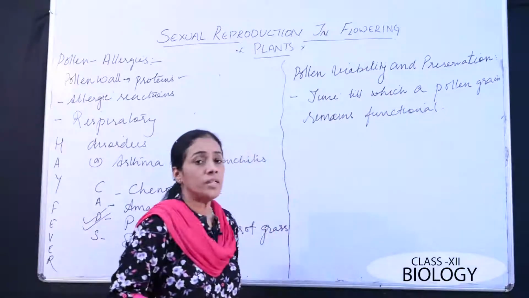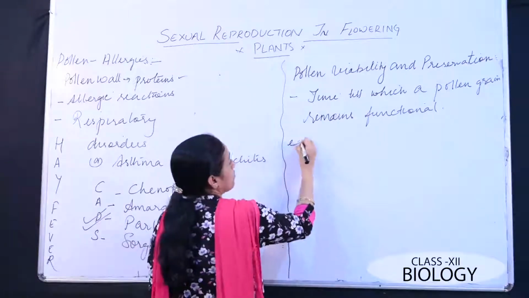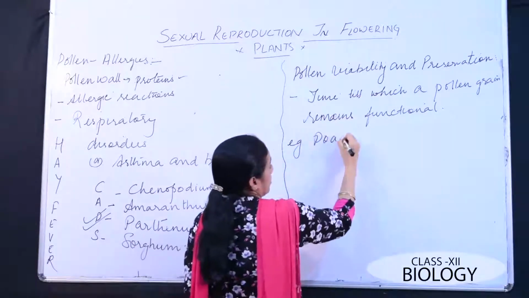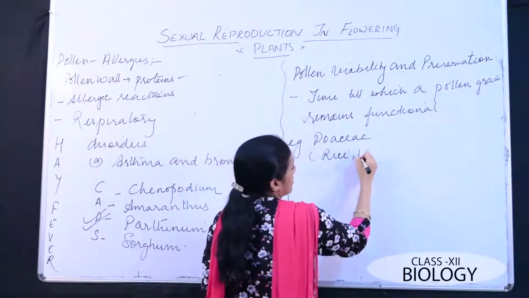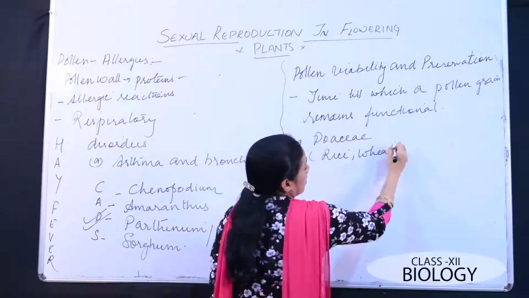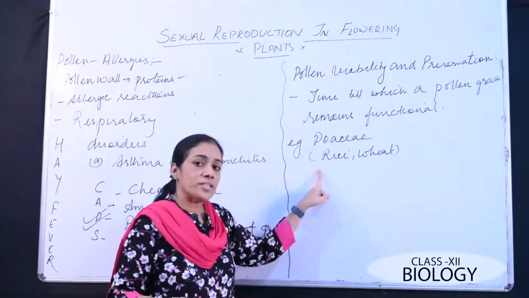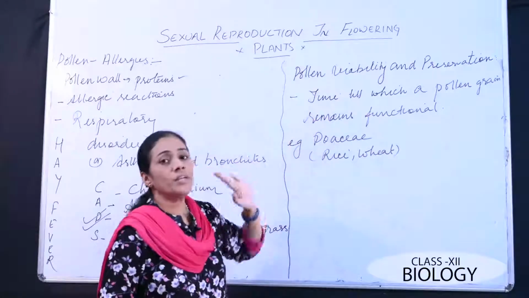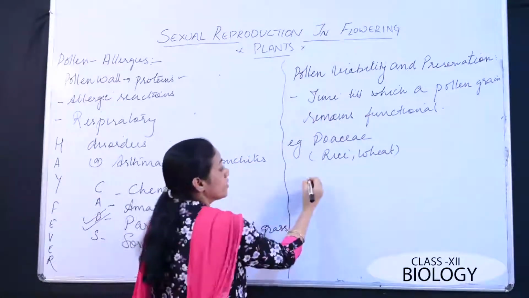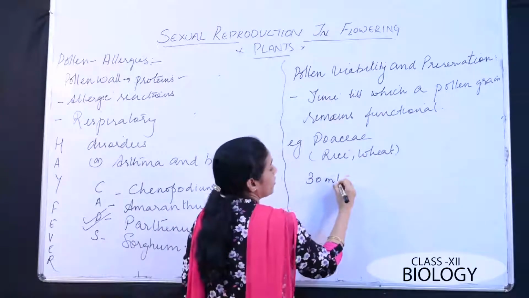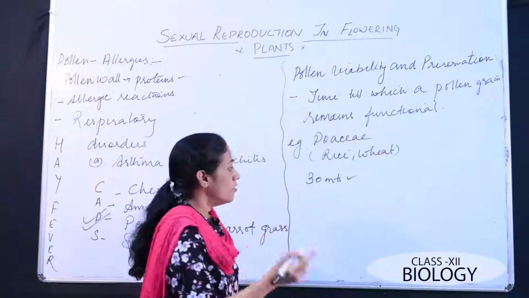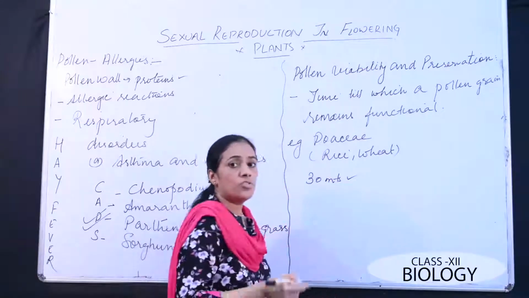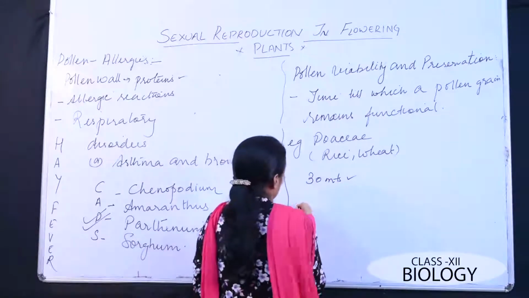For example, in the family Poaceae, means the examples rice and wheat, we see that the pollen grains' viability period is only 30 minutes. Till 30 minutes only the viability is there. After that, they become non-functional. Whereas on the other hand, 3 more families are there.